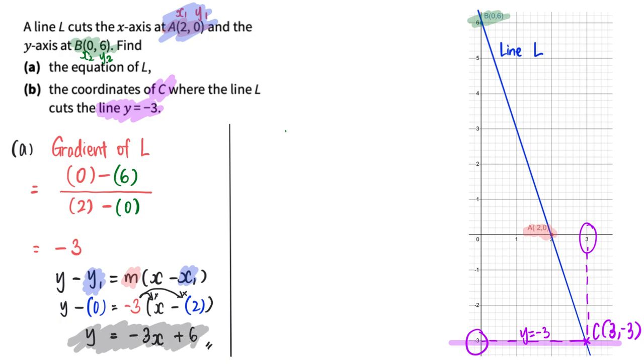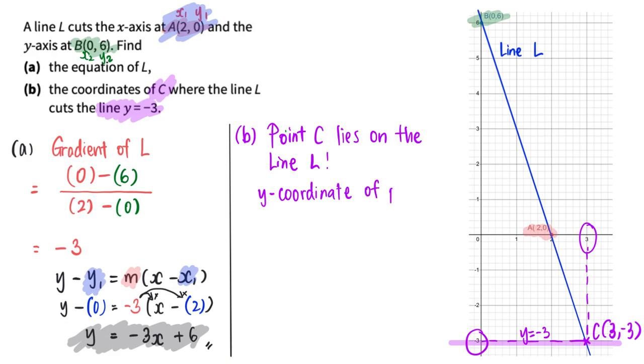Very importantly, since the line L cuts the line y equals minus 3, this means that this point C, this is an important thing to note, is on the line L. And if it is on the line L, and I know the y coordinate of point C, which is equal to minus 3, then all I have to do is substitute y equals minus 3 into the equation of the line, y equals minus 3x plus 6.